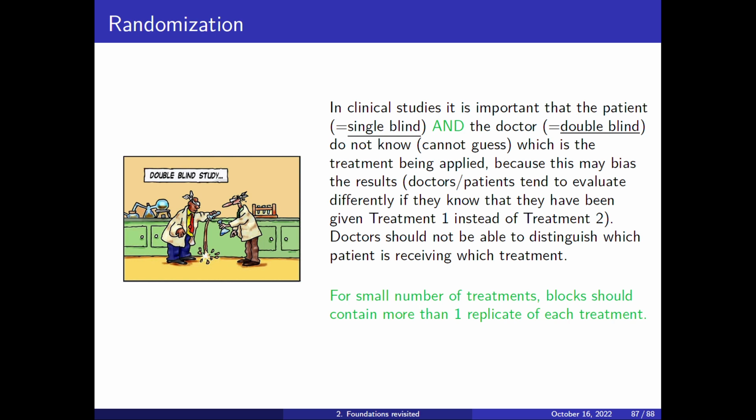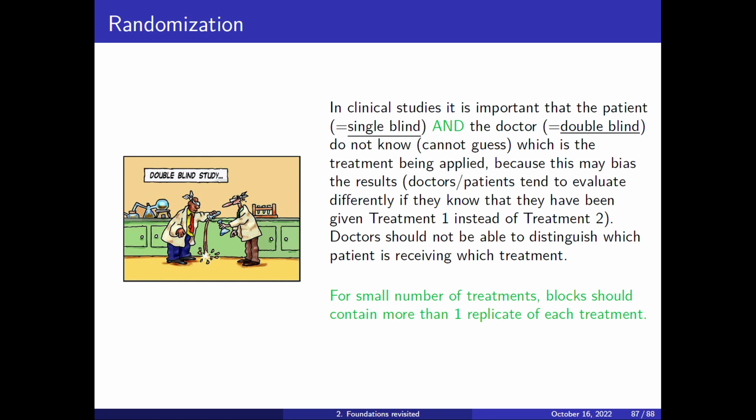And remember always that blinding is also important. So it is randomization and blinding. When we want to address or be protected against sources of variability that have not been specifically designed in the experiment as a factor or as a block, the main two tools are randomization and blinding. We can do single blind, in which the patient is blinded.